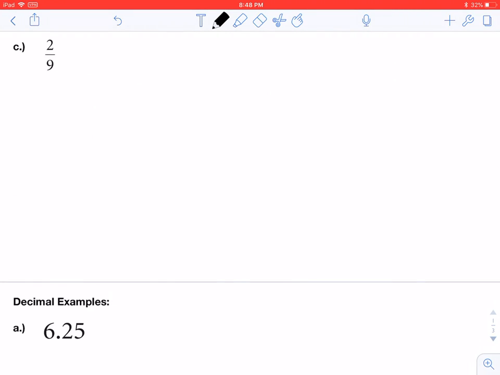And now 2 over 9, I see right away that 2 is not a perfect square. However, 9 is a perfect square. And 2 over 9, I can't simplify this anymore. So I could say 2 over 9 is not a perfect square.